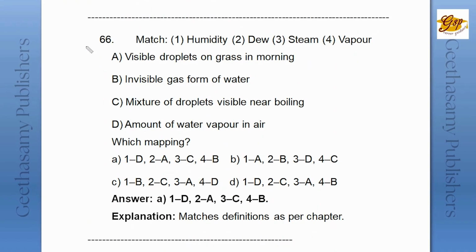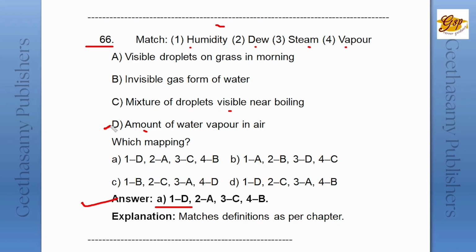Then 66th question. Humidity, dew, steam, vapor. Matching: visible droplets on grass in the morning; invisible gas form of water; mixture of visible droplets near boiling; and amount of water vapor in the air. So the correct answer is A. Humidity is D, the amount of water vapor in the air.